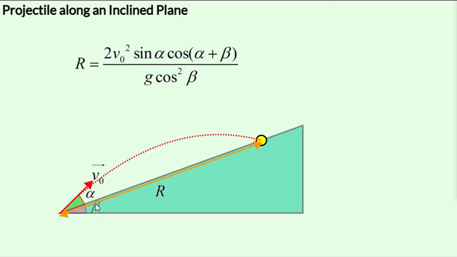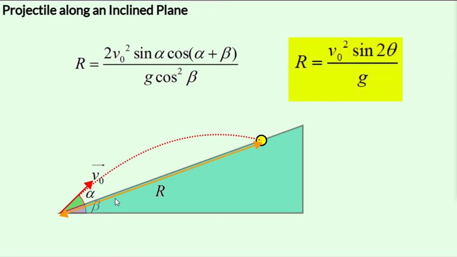And you can compare this with the range equation that we had derived without the incline, which was v0 squared sine 2 theta over g. In other words, this is what we would get if the angle of incline beta was 0, and then alpha would be the same as theta, as if we were launching the projectile from the ground without the incline.